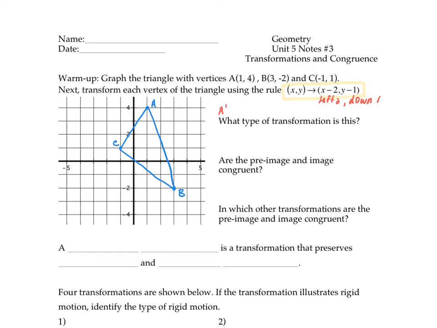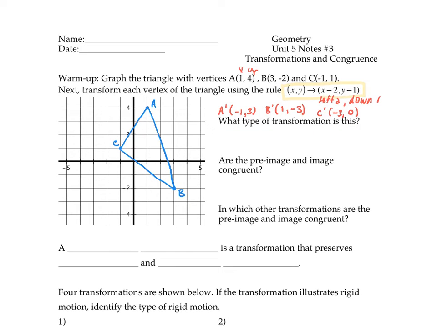Just by plugging 1, 4 in for x and y, we'd see that we would end up at negative 1, comma 3. Because 1 minus 2 is negative 1, and 4 minus 1 is 3. B prime will be at 1, comma negative 3, and C prime will be at negative 3, comma 0.